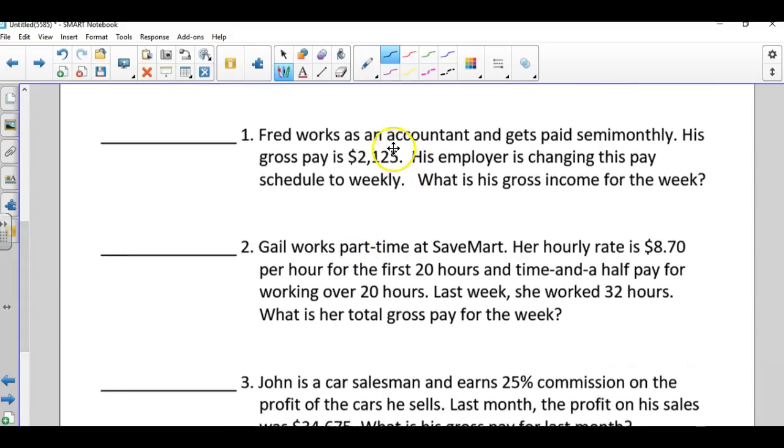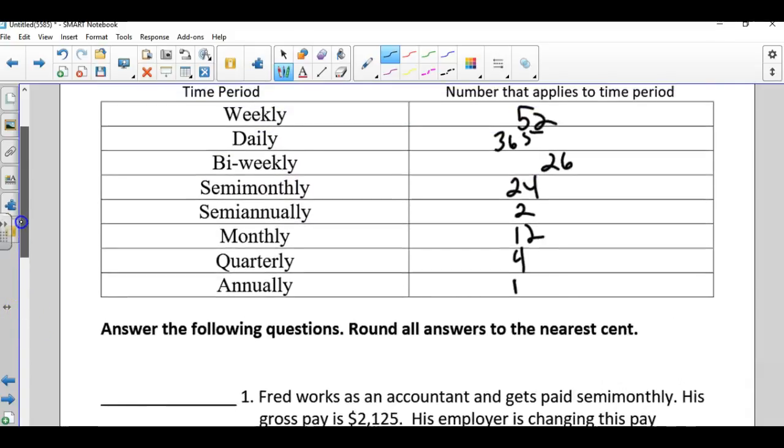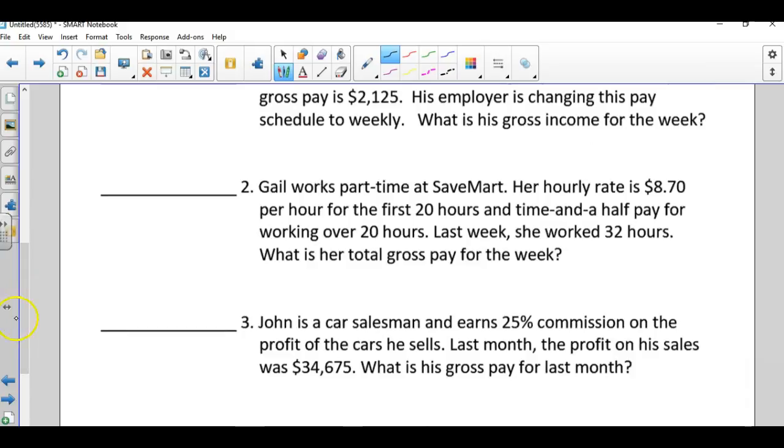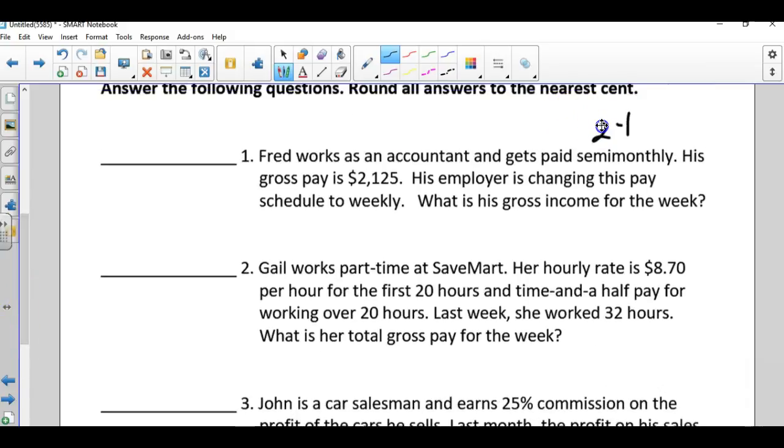Fred works as an accountant and gets paid semi-monthly. Semi-monthly means 24 times. His gross pay is $2,125. His employer is changing the period to weekly. So what is his gross income per week? If we take what he makes semi-monthly and multiply by 24, that gives us $51,000.